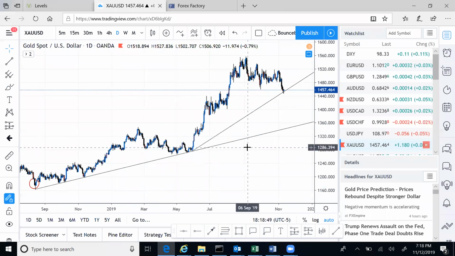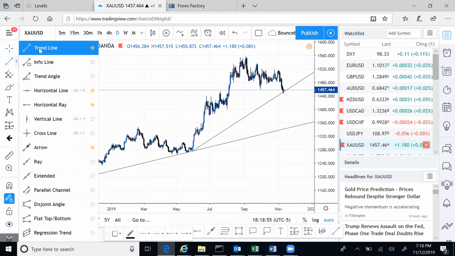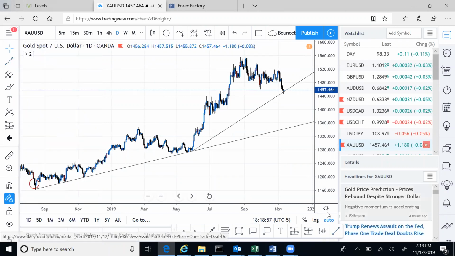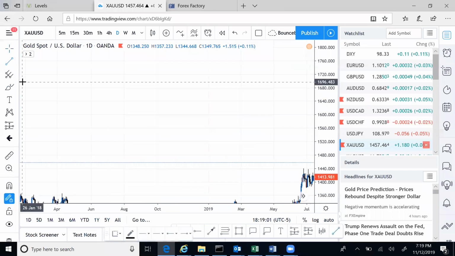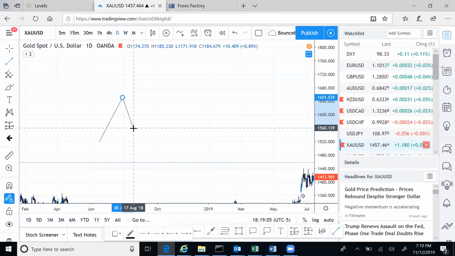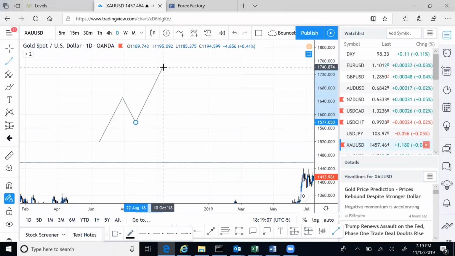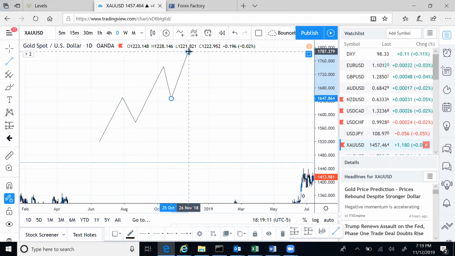So as the trend moves, let's say for example, the trend had to, let me teach here. Uptrend, right?